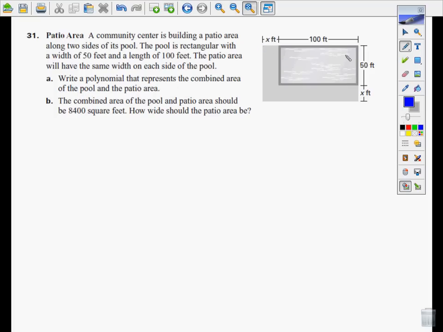So if I'm looking at the length, I know that it's going to be x plus 100. If I'm looking at the width, I know it's going to be x plus 50. And this equals 0. So they're asking me to write a polynomial. They're not asking me to solve, it's a multiplication problem. So I'm going to have to go ahead and FOIL.